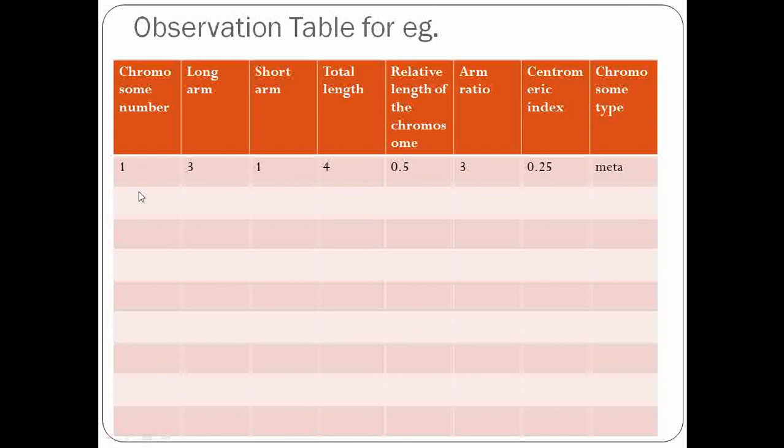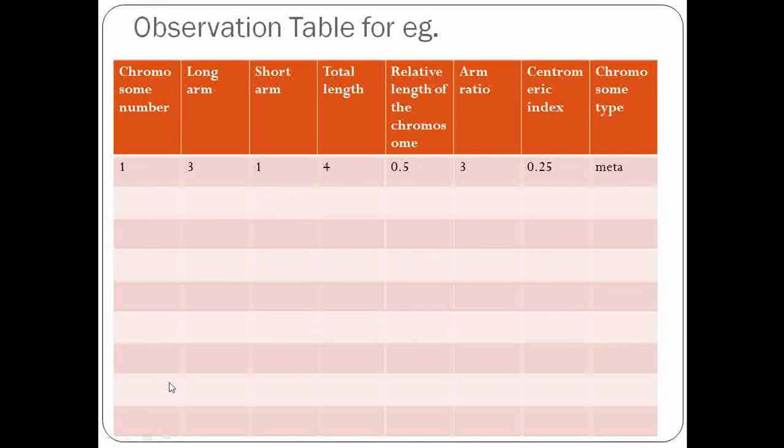Okay, so in this way you have to calculate all the chromosomes available in the photograph, and by observing these readings, firstly you have to arrange them in decreasing order. Okay, after overall classification, you have to arrange this observation table in decreasing order.